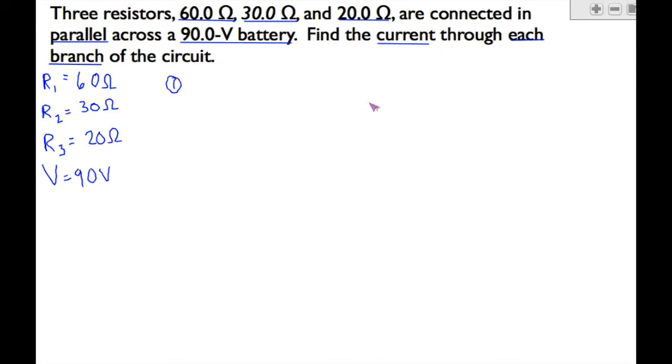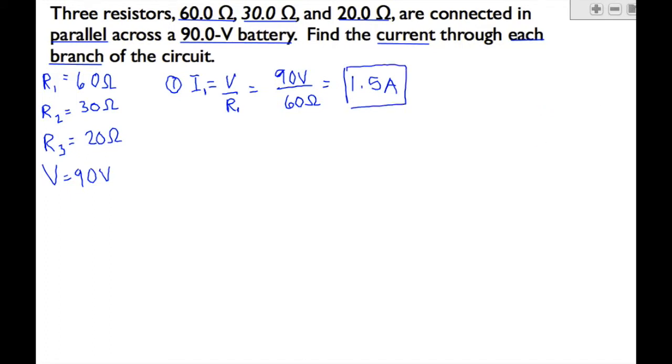Okay, so in order to find these, we're going to start with one resistor and we'll just go on. So we have our current is equal to our voltage divided by our resistance, and that's going to be our first current and our first resistance. So we'll have 90 volts divided by 60 ohms, and we'll get 1.5 amps. So that's going to be the current in the first resistor.